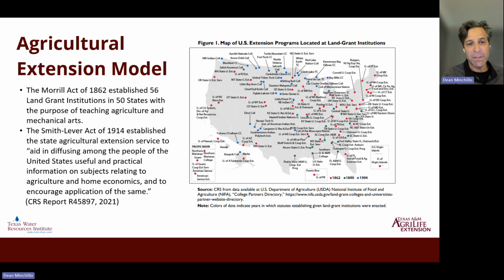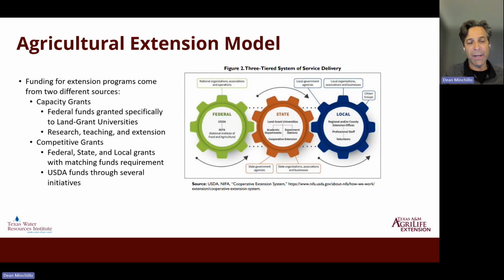The whole purpose is to take the research that's being done and get it out into the community, through teaching, education, and demonstrations. Especially demonstration plots are a big part of this. But you can see the extension model is pretty extensive throughout the United States.